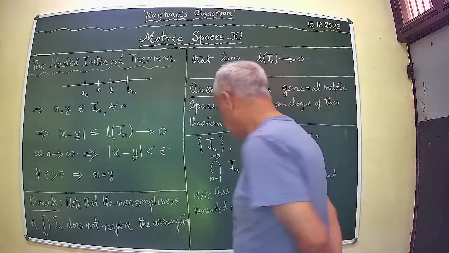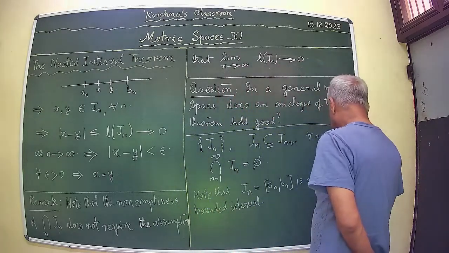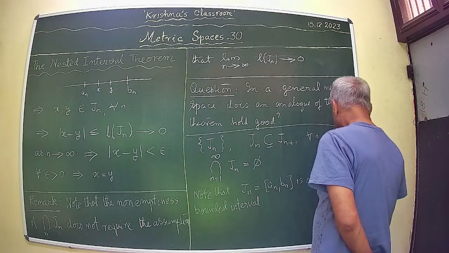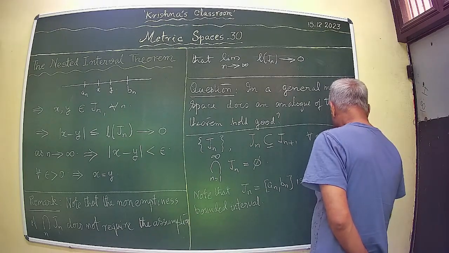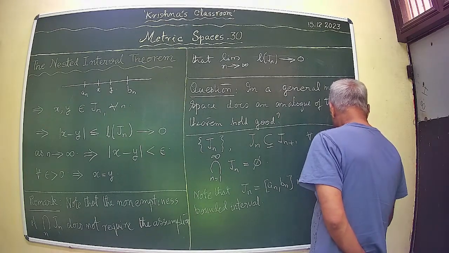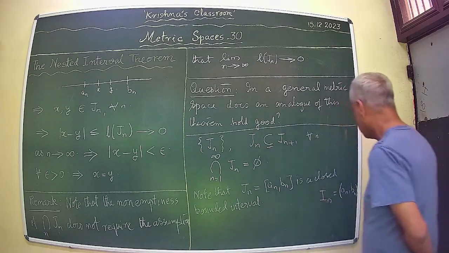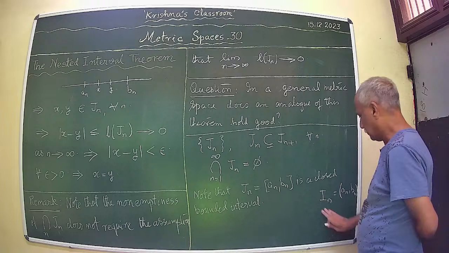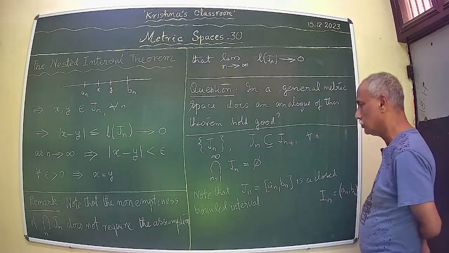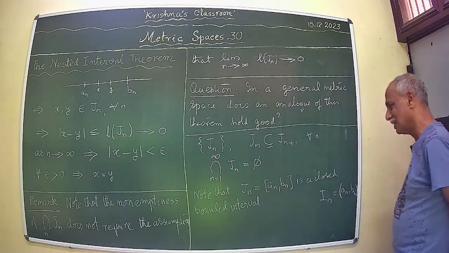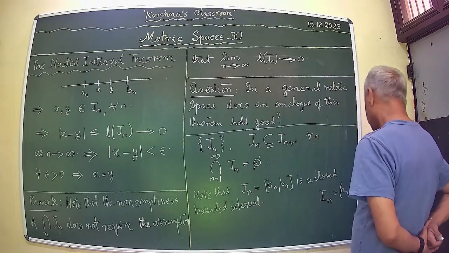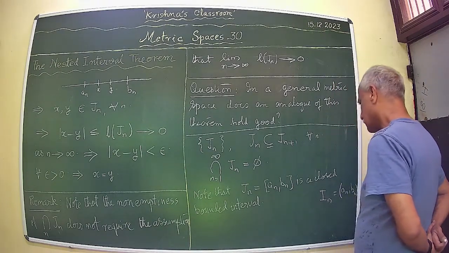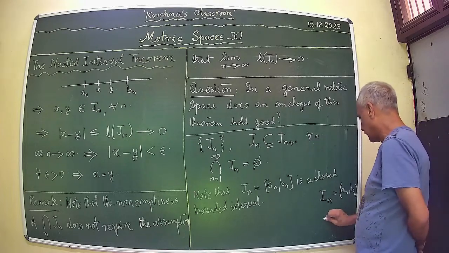Because for instance, suppose you were to take In as the open interval An, Bn, what will be the intersection of this?